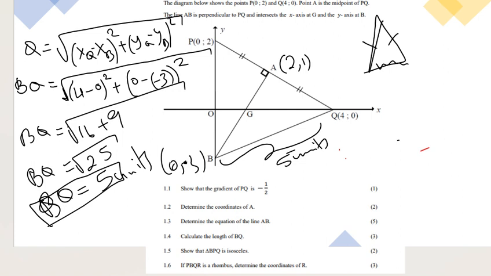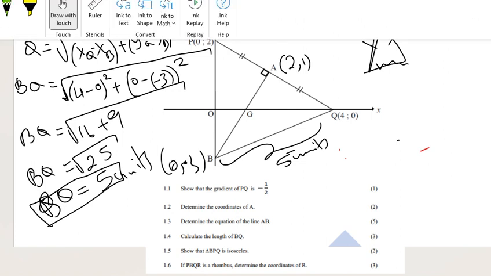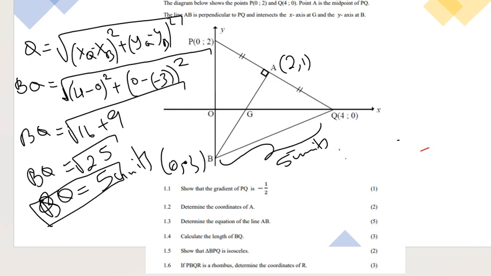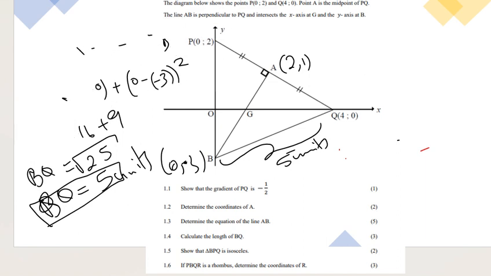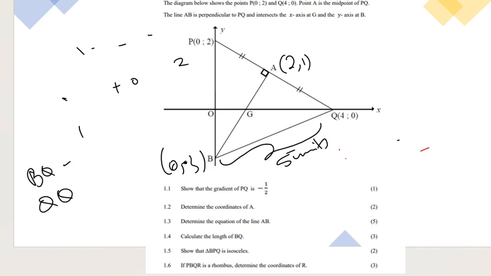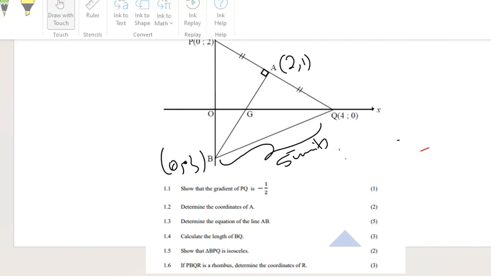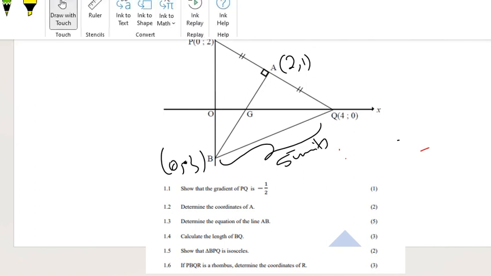I said at least, but it's not at least, it's a must. Let me erase this part. I'll just keep the final answer. Since I already know the length of this side, let me just find the length of this side.